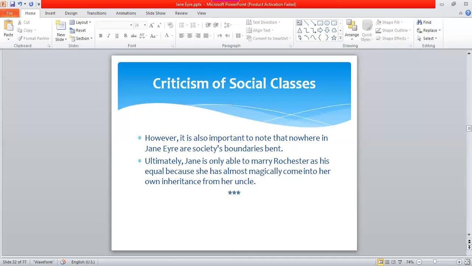So, the author of the novel, Charlotte Bronte, emphasized the fact that the British society has a firm social hierarchy, which is impossible to be transcended.